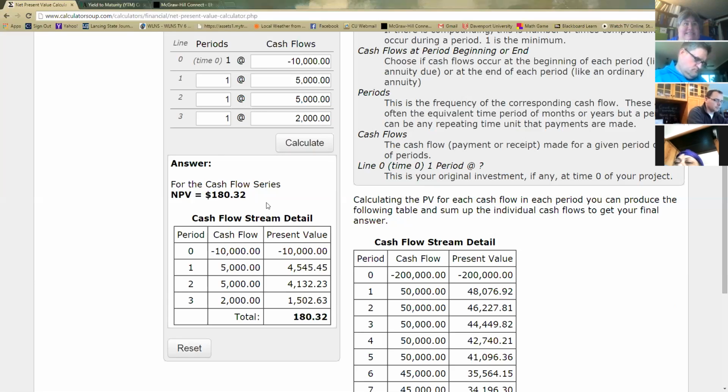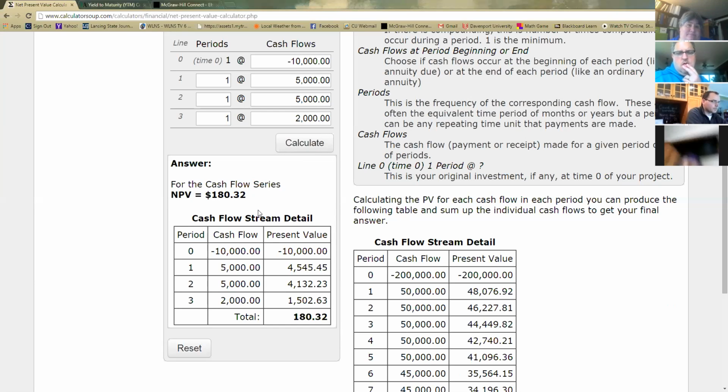That is not the present value of our investment. That is after they took away the $10,000. So their present value when they did all the work must have been $10,180.32, which when they compared it to what we had to spend to get the investment, this is $180.32 better than what we spent.